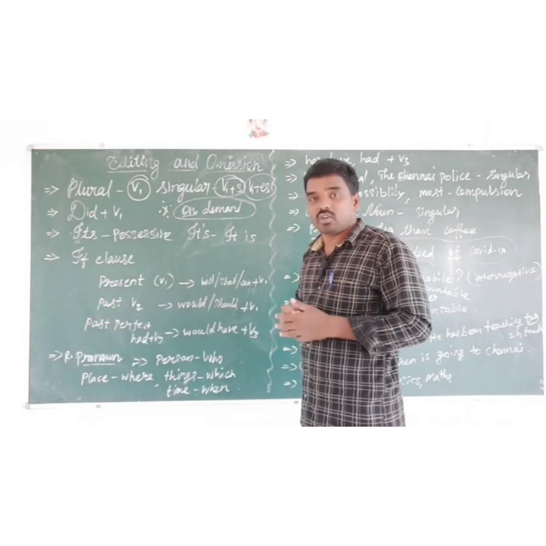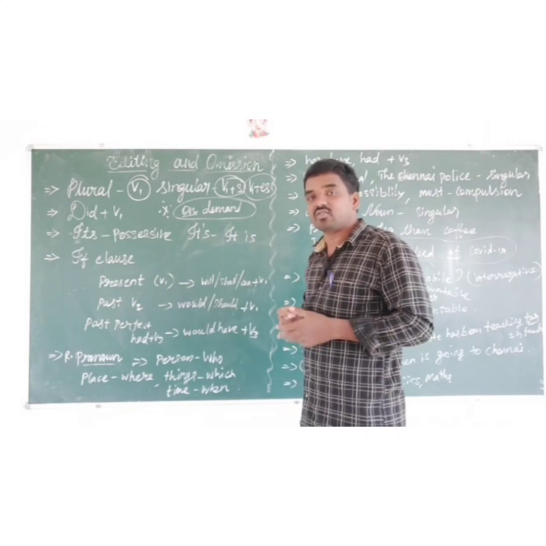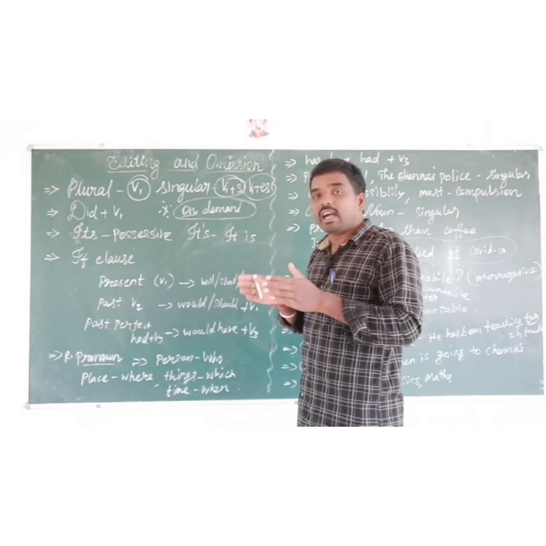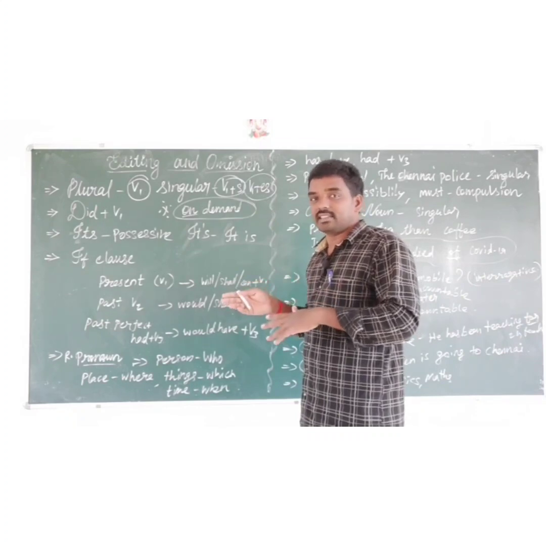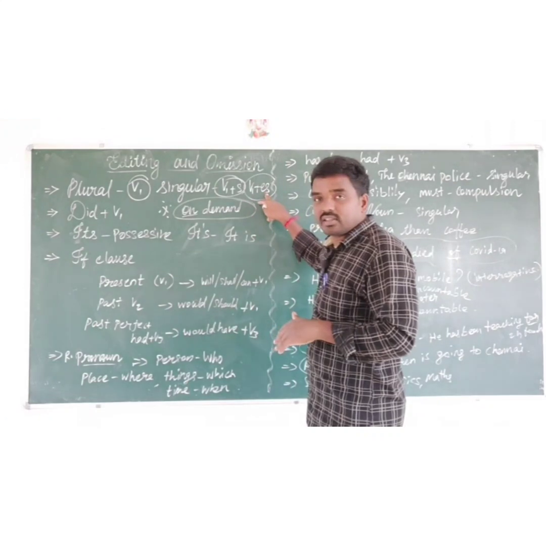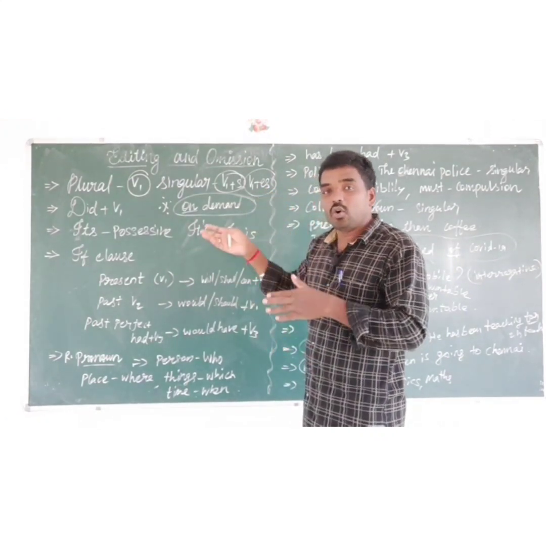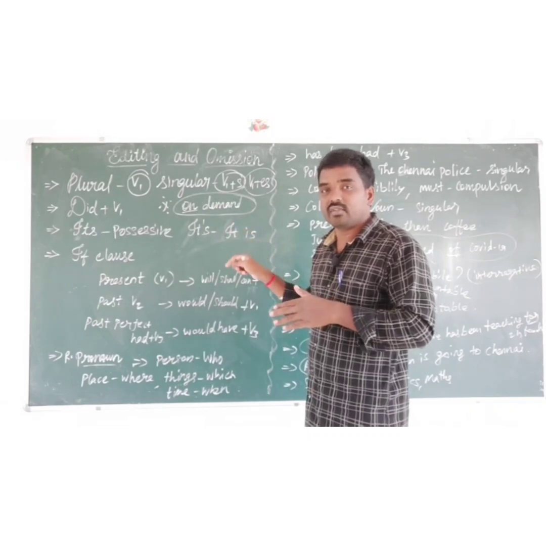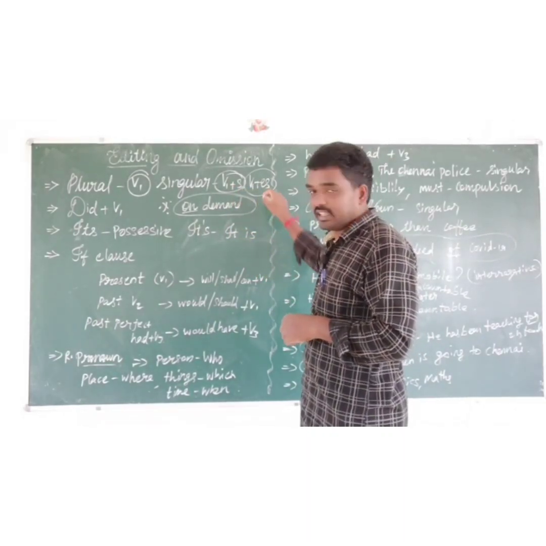Moni writes a story, Yuvashri writes a story, Praveen writes a story, Vishnu writes a story. We want to add s to write. Can you understand? Verb 1 plus es, for example, he goes, G-O-E-S, we are adding es. So, verb 1 plus s, verb 1 plus es.